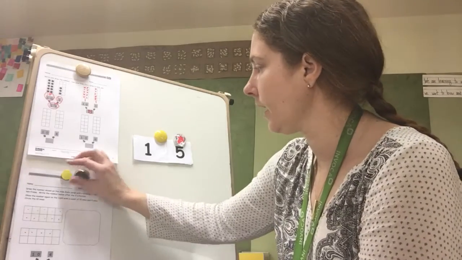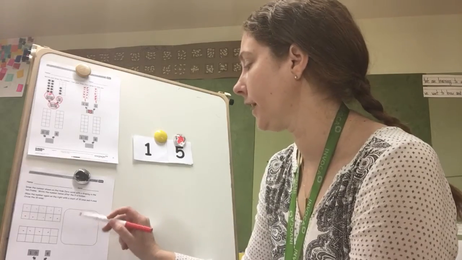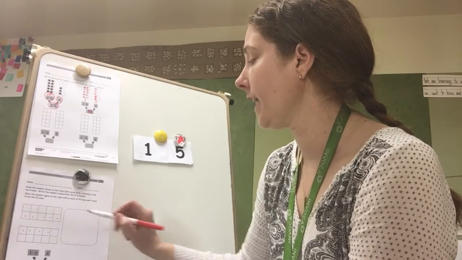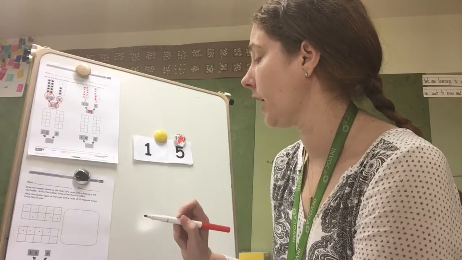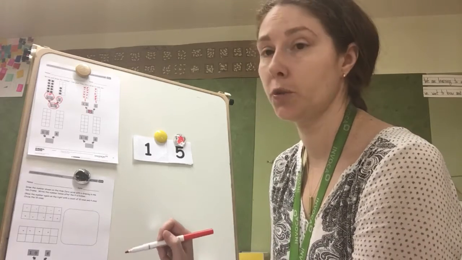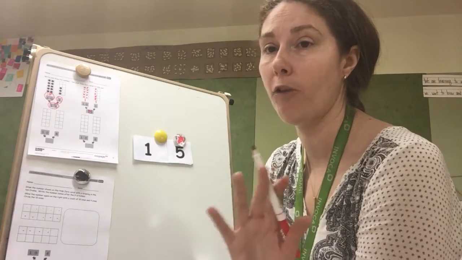You can do any sort of drawing you want. Maybe you want to do 10 hearts and 4 hearts, or 10 happy faces and 4 happy faces, 10 stars and 4 stars, 10 trees and 4 trees. Whatever you want. It just has to be the total of 10, 4.